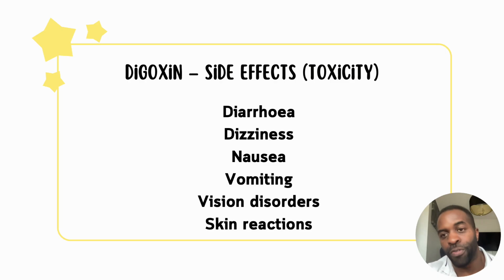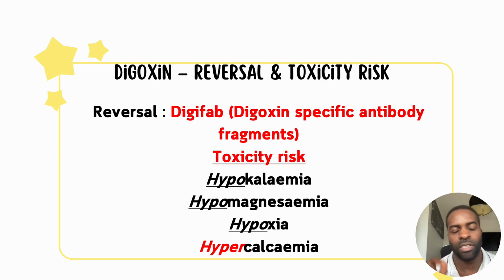You also need to know the reversal agents, because it's high risk. So the reversal agent for digoxin is called DigiFab, or it's a digoxin-specific antibody fragment. You also need to know what increases the risk of digoxin toxicity. So what makes a patient more likely to get digoxin toxicity? It's to do with electrolytes.